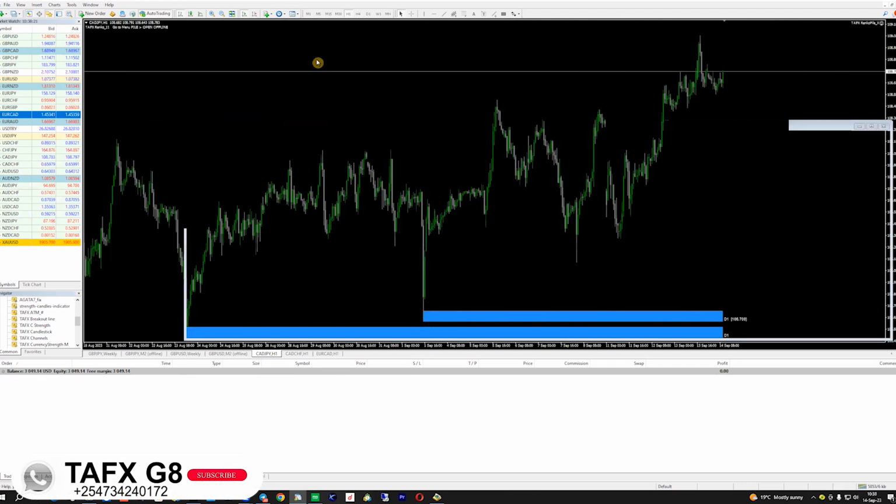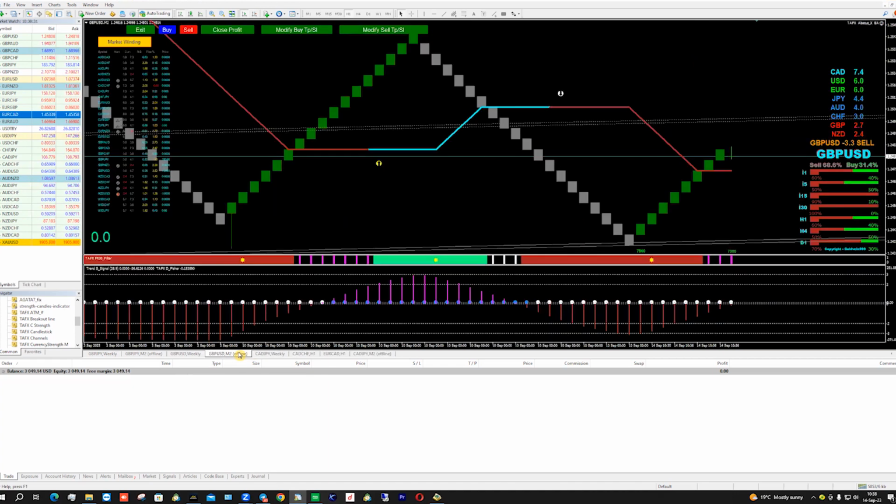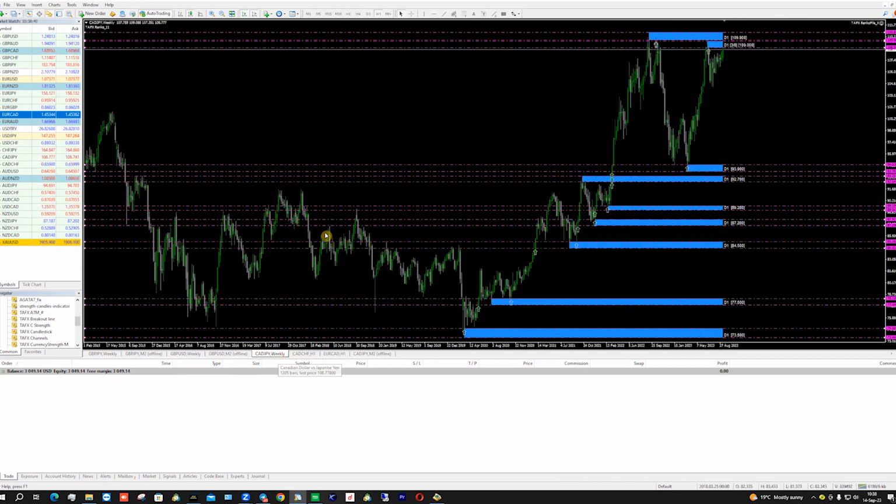Now we can create our Renko because we have seen that the card JPY is trying to indicate the white color, which indicates from 7.5 strength, that is 75. Then we can start looking at which signal we can get there.